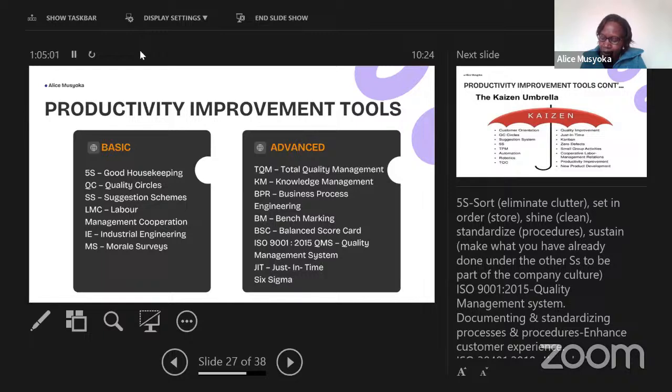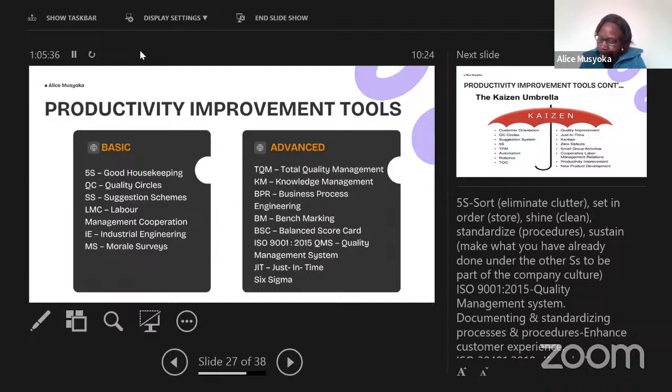We have 4 pillars for TQM: customer focus, continuous improvement, employee involvement, and a process-oriented approach. So all the 4 pillars go towards productivity improvement through TQM.